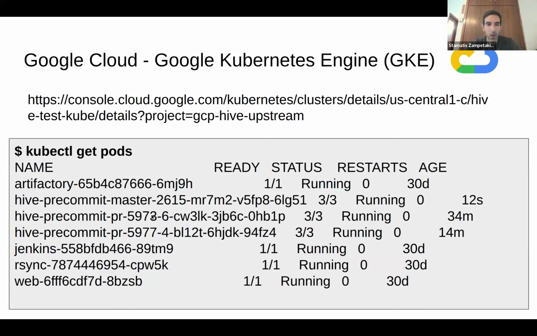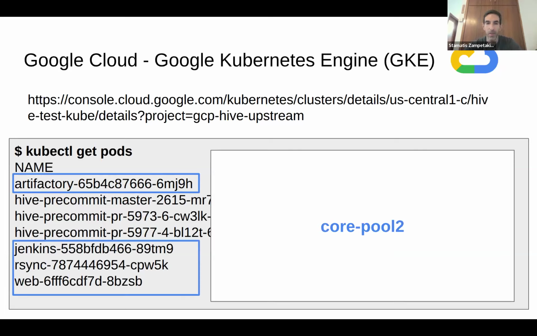When I ran the command, there were also 3 pods running: 1 for a pre-commit job on the master branch, 1 pre-commit job on this PR, and 1 on this PR. I will explain more in detail soon.